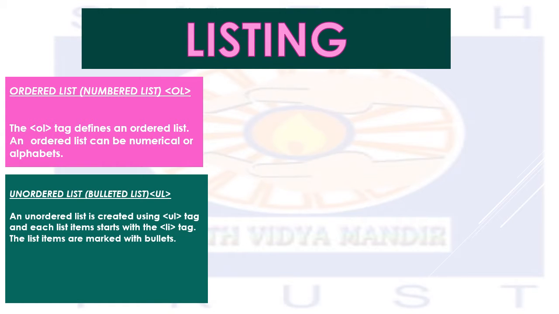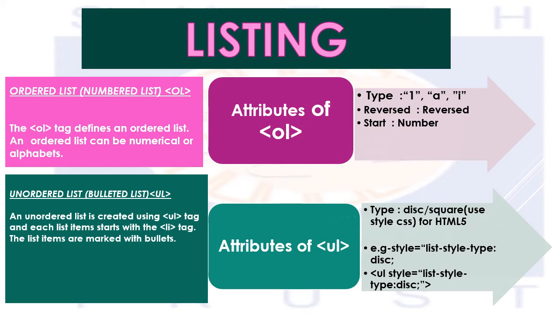Now the attributes, as I said, each and every tag has an attribute. So here you can see the attributes of the OL tag, that is type. Type is the name of which type you are putting. Either you are putting 1, 2, 3, or you are giving ABC, or you are giving small Roman numbers, right? So that you are specifying with the attribute type. The next attribute is called reversed. Now this is something new in this particular topic.